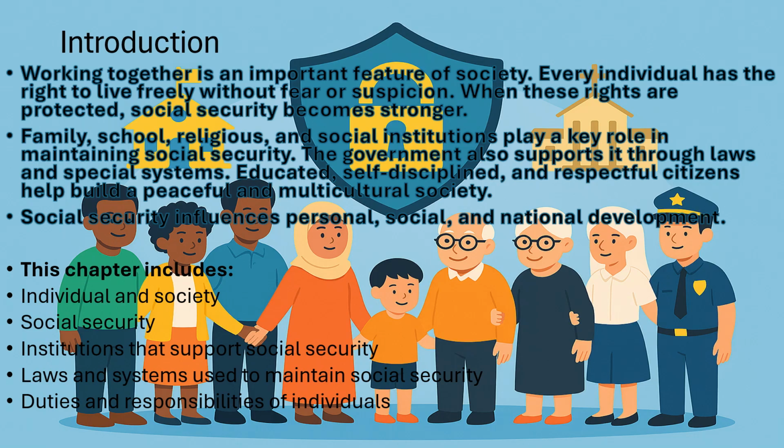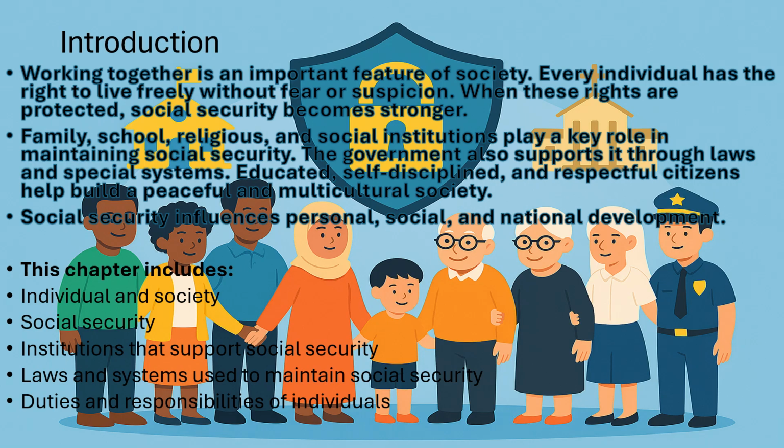Now here's the introduction. Like in every lesson, working together is an important feature of society. Every individual has the right to live freely without fear or suspicion. When these rights are protected, social security becomes stronger. Family, school, religions, and social institutions play a key role in maintaining social security.